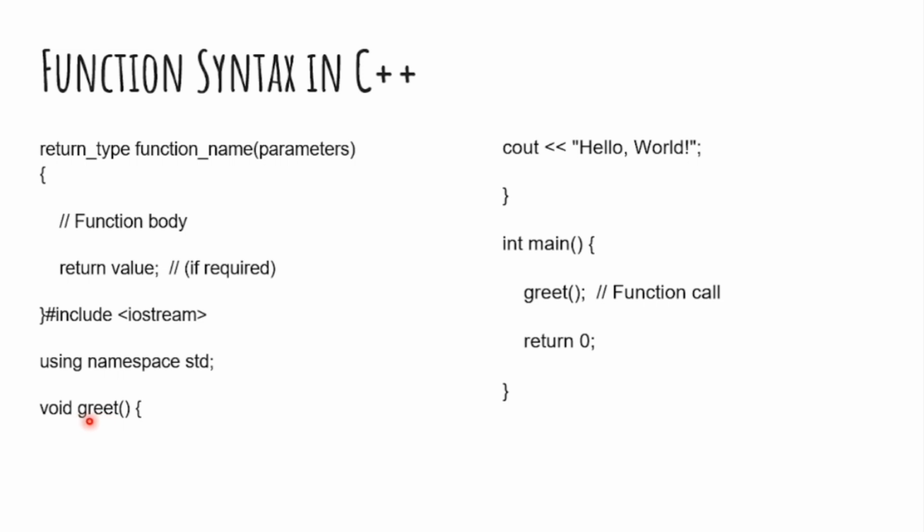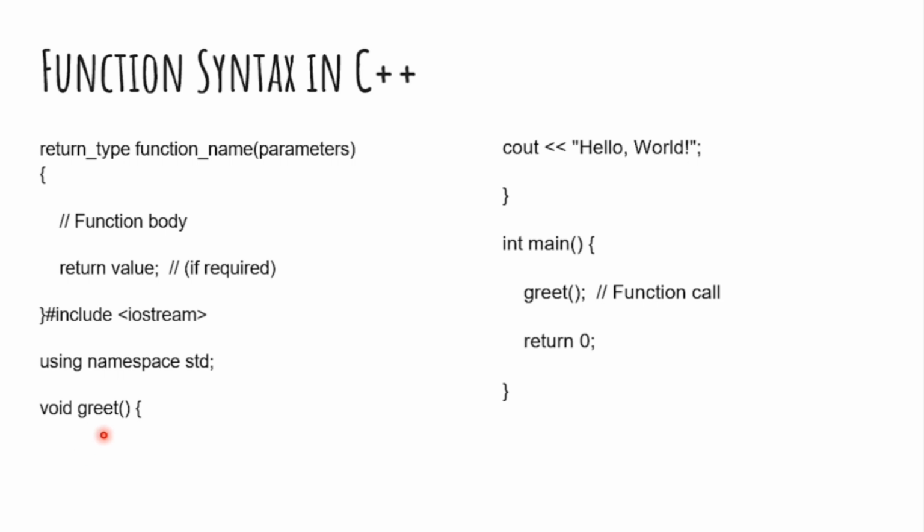This is the name of our function, greet, a unique name. You can name it anything you want. And this is the parameter. We replace the parameter if we want to use it in this function, but in this case we are not using a parameter because we are not involving any parameter in this function.